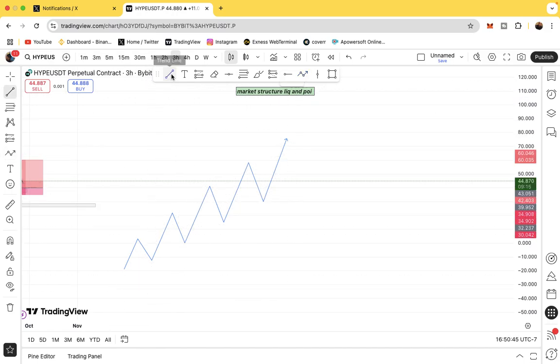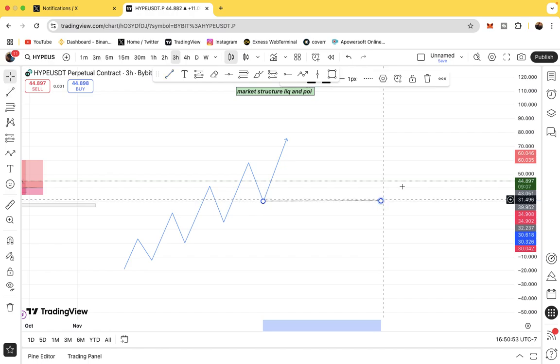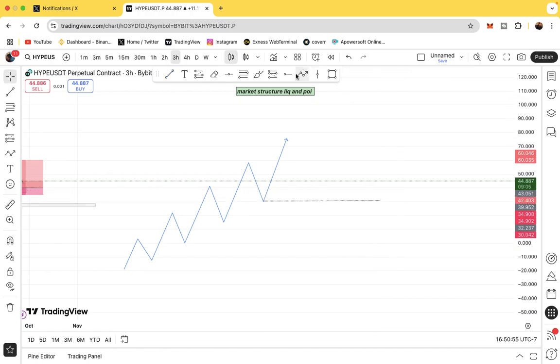And this is where we have our order block, which is like a demand area where we don't expect price to go below. Now, if the market failed to hold above the order block, failed to respect this order block, and it breaks below.